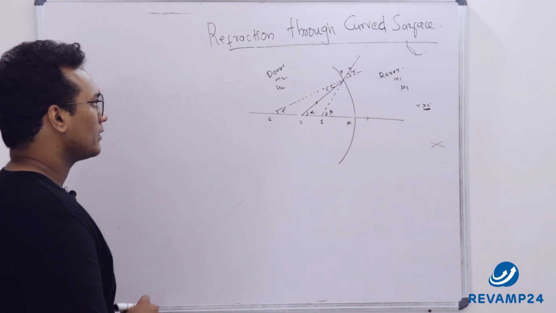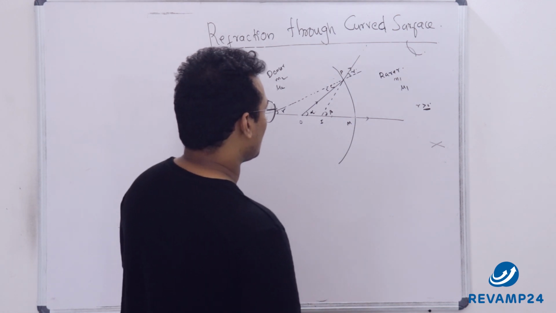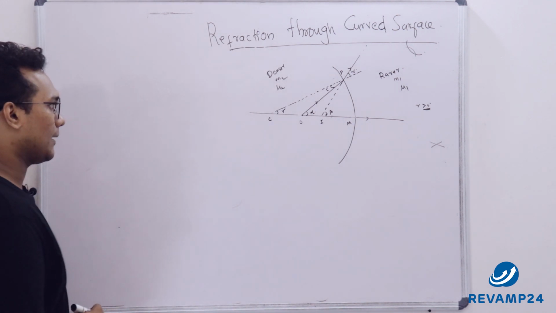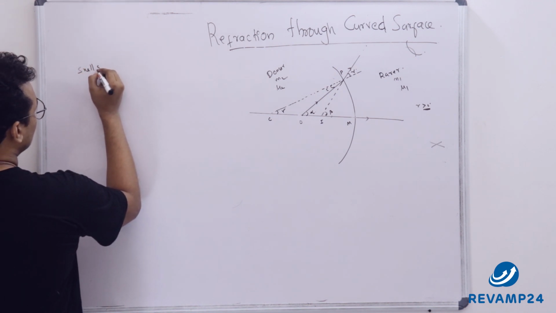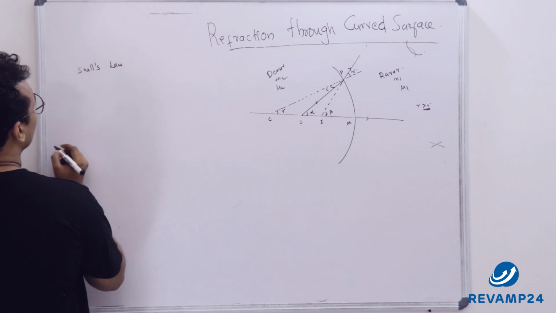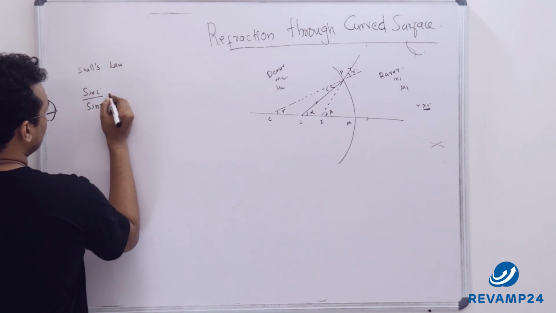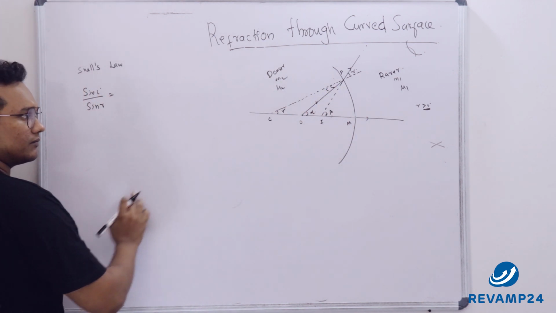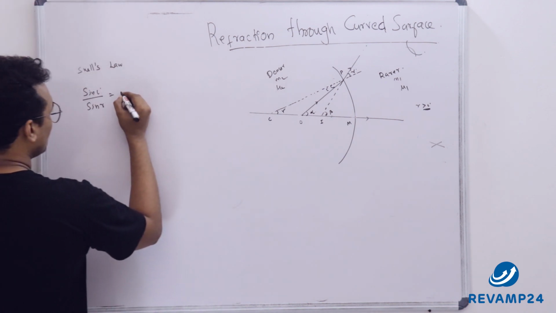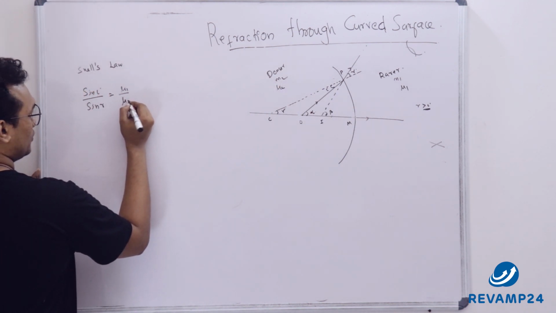Okay, cool. Now we will try to get the equation here. We can apply Snell's law. On applying Snell's law, sin I by sin R is equal to second medium divided by first medium. So this is the second medium, mu1, and this is my first medium, mu2.